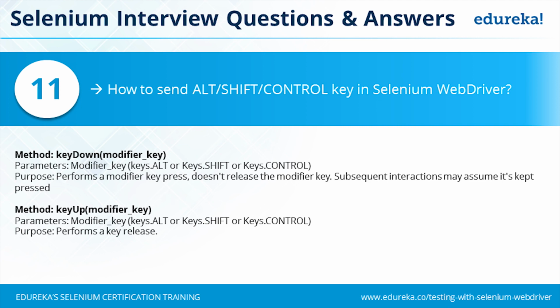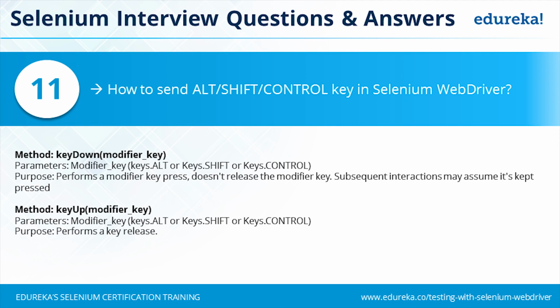For the keyDown method, the parameter is the modifier key, that is Keys.ALT or Keys.SHIFT or Keys.CONTROL. The purpose is to perform a modifier key press; it doesn't release the modifier key. Subsequent interactions may assume it's kept pressed. For instance, I select the modifier key to be Shift in this case. So I say keyDown Keys.SHIFT.